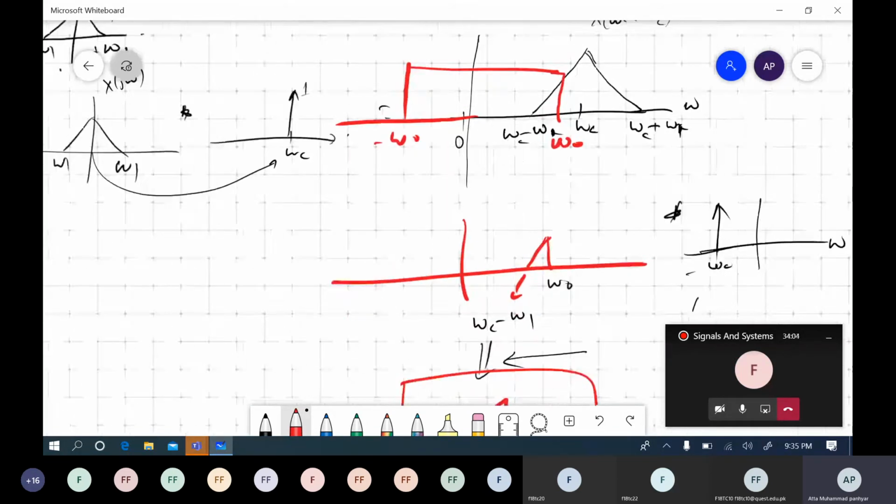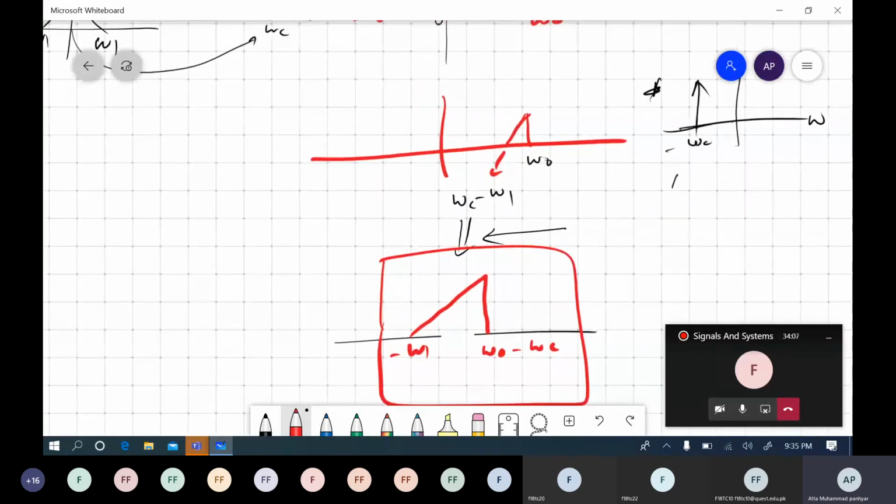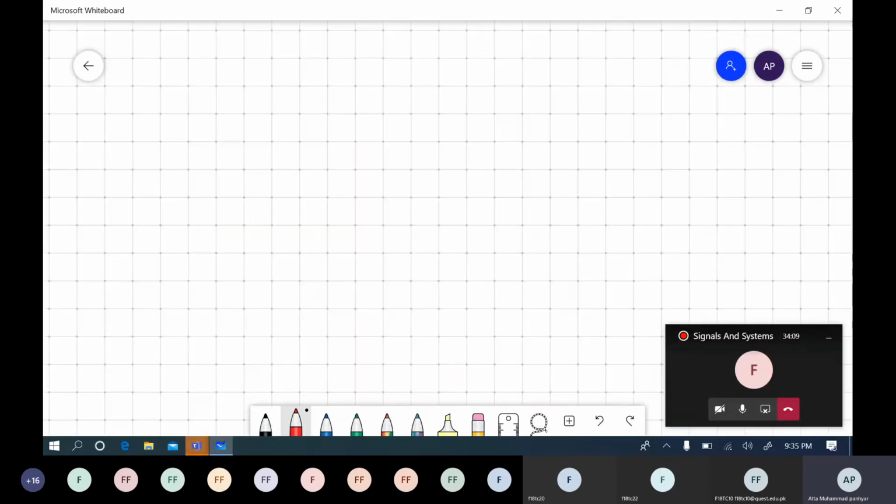Afterwards, we want to take a very powerful example of this modulation property.